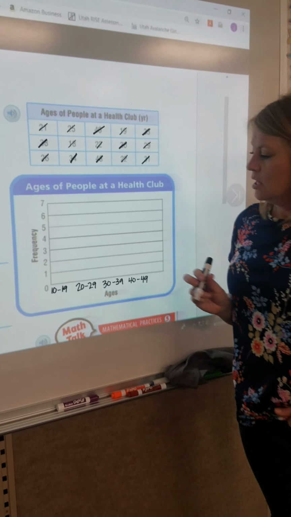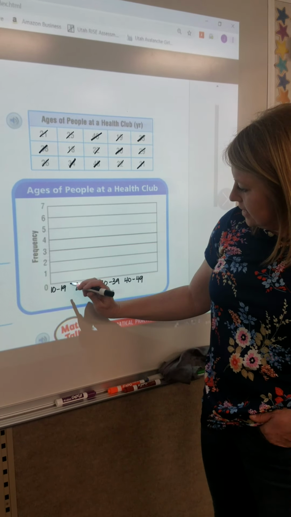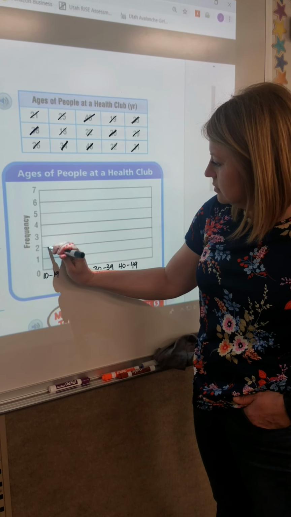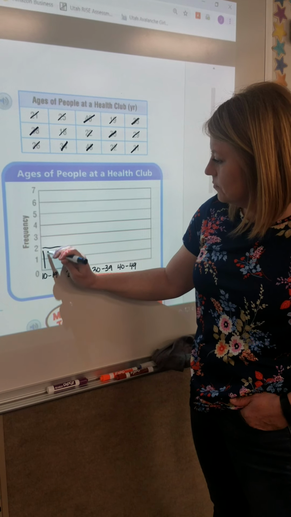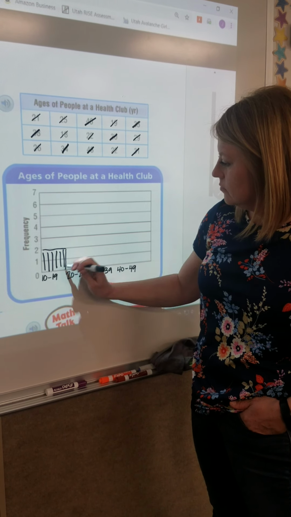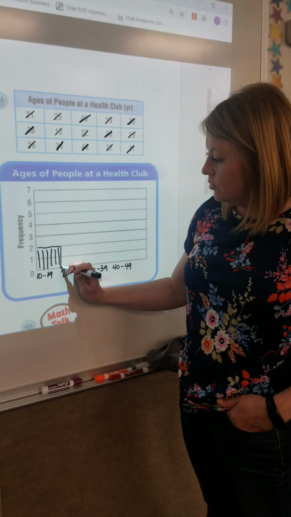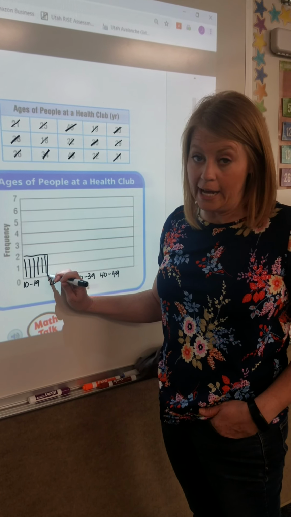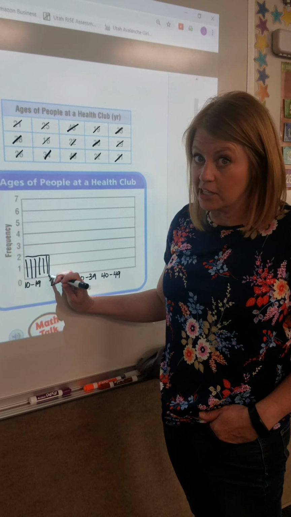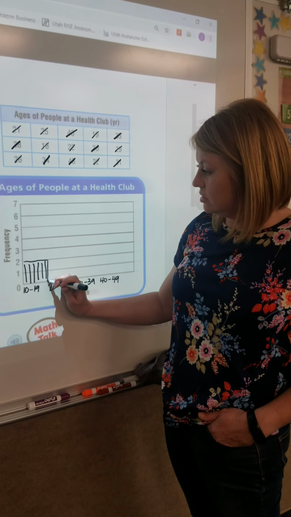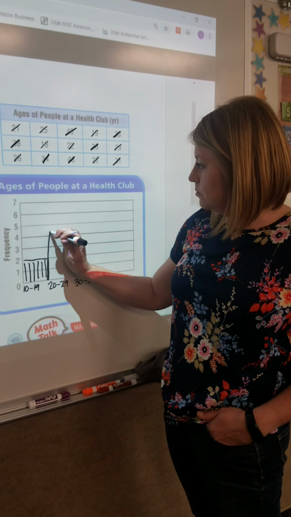Okay, now 10 to 19, that's 2, so this bar is going to go to here. 20 to 29, there were 6. Remember, there's no gap because there's not a gap in our data. Where one leaves off, the other one starts. So that's going to go up to 6.